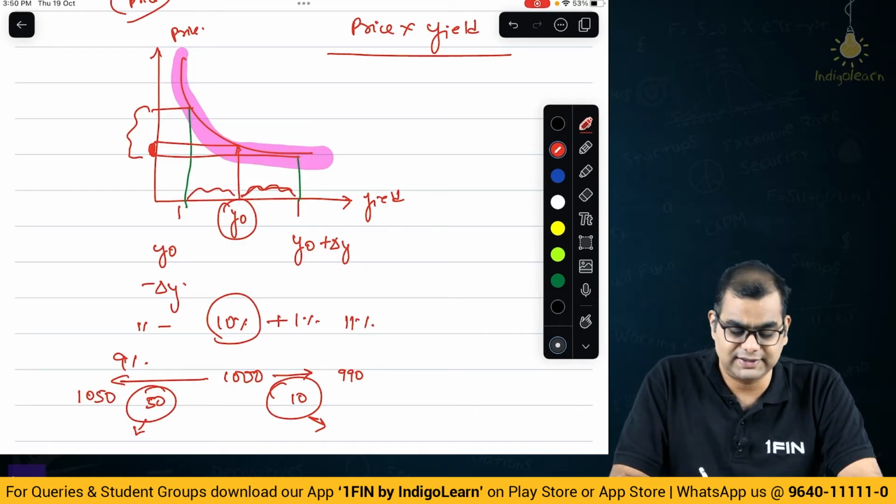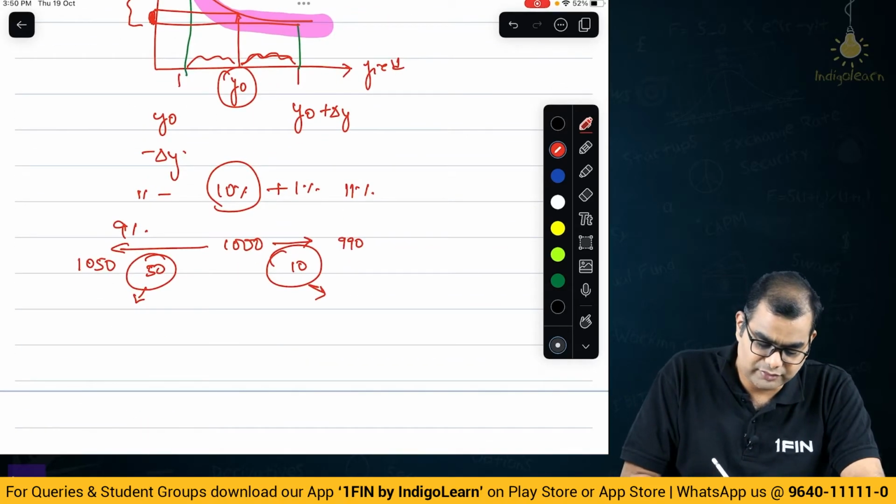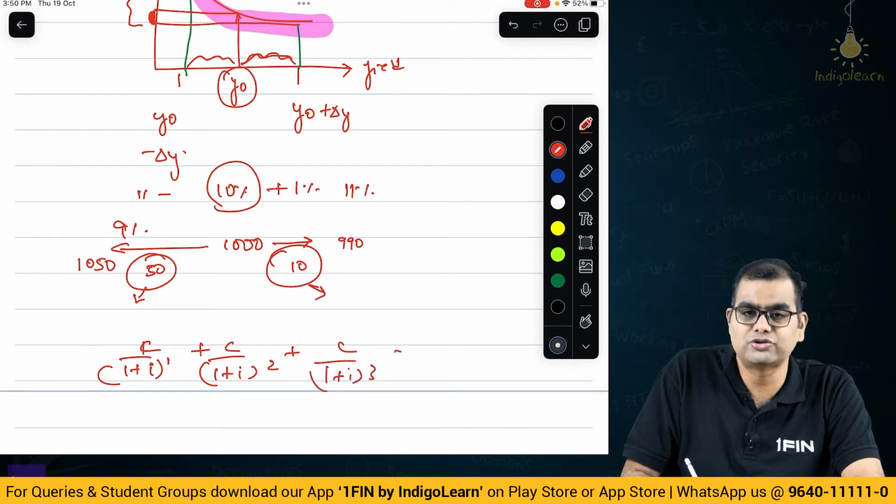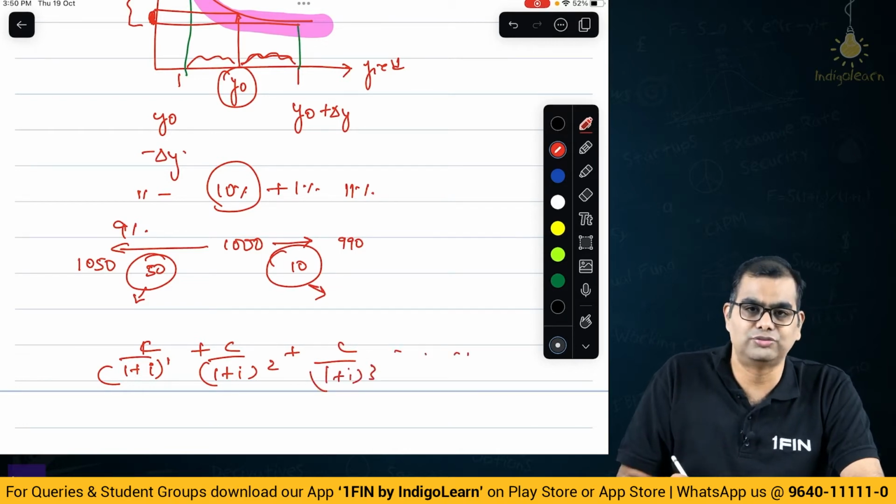Why is the curve like that? The curve is like that because we have the equation: 1 by (1 plus i) power 1, plus C by (1 plus i) power n, C by (1 plus i) whole square, plus C by (1 plus i) whole cube, and so on and so forth. This is the present value formula, right?